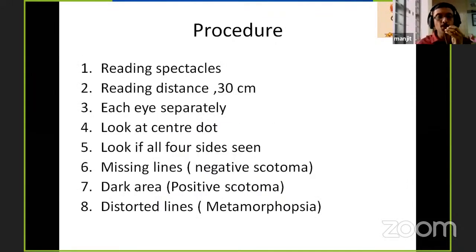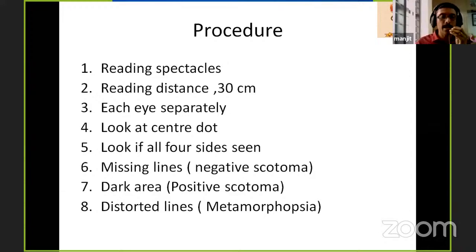So how will you do the test? You need a well lit room. The patient should be asked to wear the reading glasses and hold the chart at reading distance, and each eye should be tested separately. The patient is asked to look at the center dot. If they cannot see the center dot, you should draw two diagonal lines and ask them to look at the center of the intersection. Then ask if they can see all four sides.